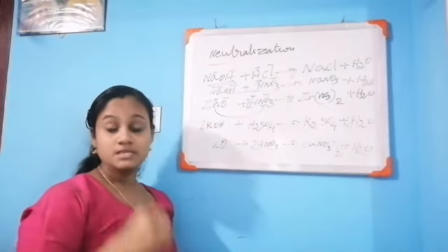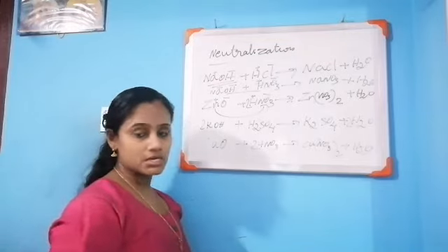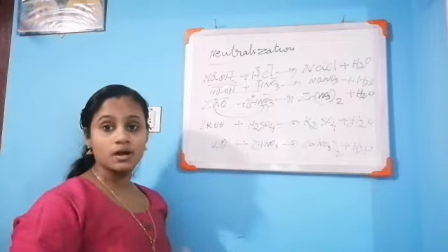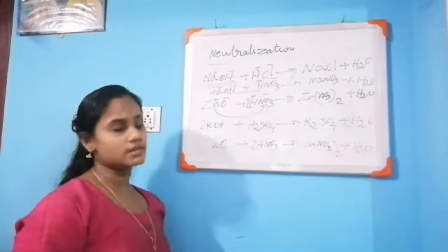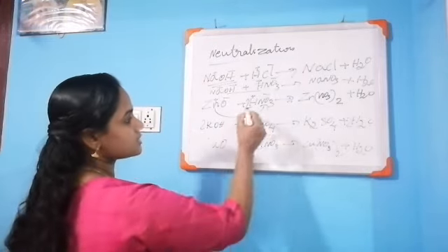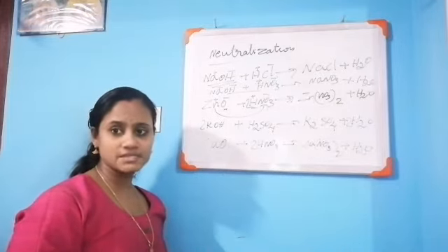Zinc nitrate: zinc valency 2, so we write 2 as the subscript of nitrate. Nitrate valency 1, so we write it under zinc, but 1 need not be written. Then water is formed, H2O. Hydrogen and oxygen combine to form water. Then balance the equation.